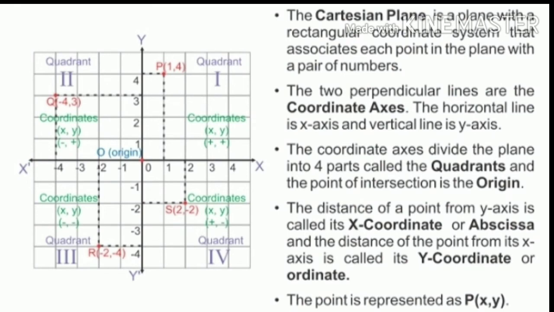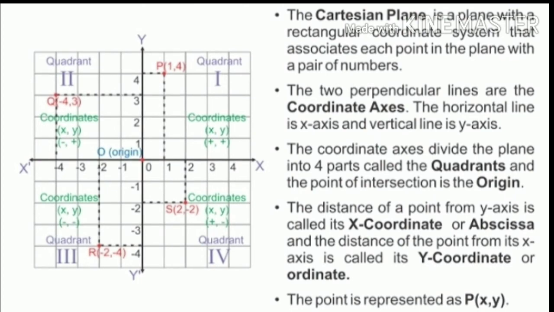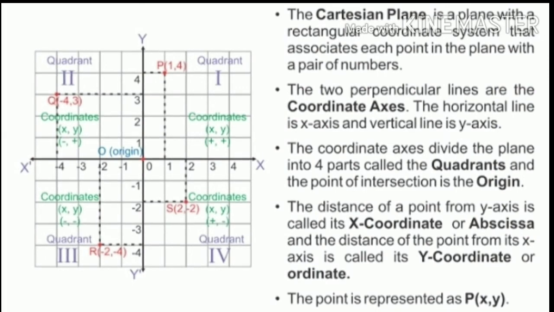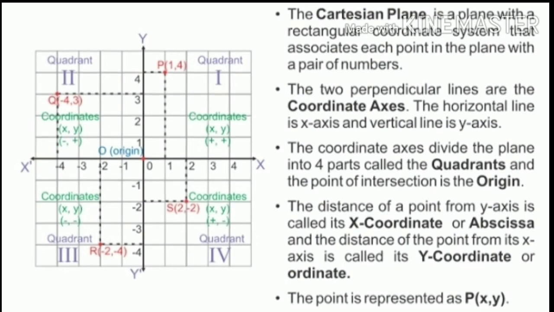So here OX is the positive x-axis and OX dash is the negative x-axis. X, O, X dash together is a number line, that is the real number line, the x-axis. In the same way, OY is the positive y-axis, OY dash is the negative y-axis, and together Y O Y dash is the y-axis.